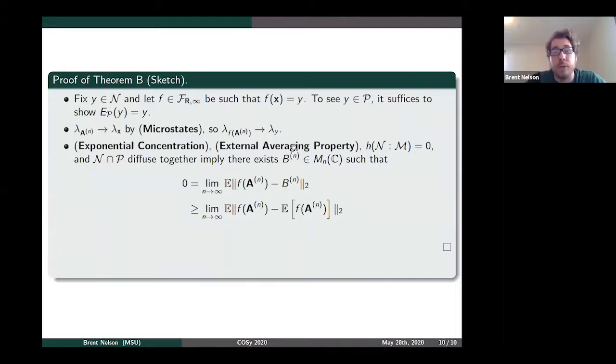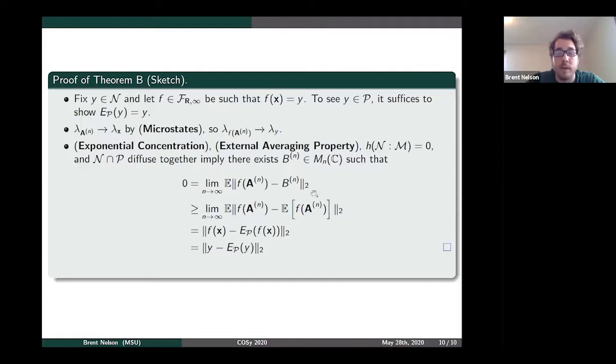Now, using this external averaging property again, remember that was telling us about the behavior of these conditional expectations, it turns out that's equivalent to saying that this limit converges precisely to the following two norm, F(X) minus this expectation of F(X). But of course, that's exactly y minus its expectation.